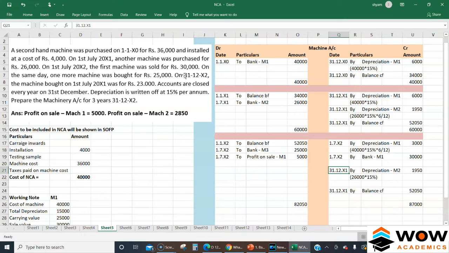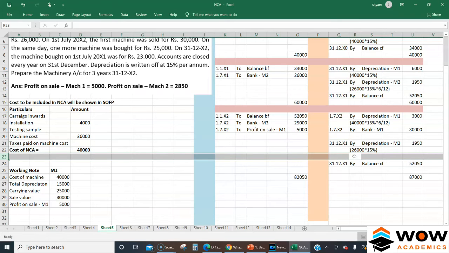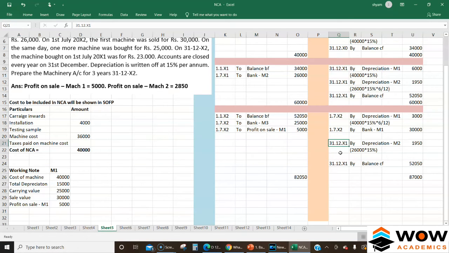But let's wait. There seems to be some other additional movement on 31st 12. The machine bought on 1st July 2001, that is M2, was sold for 23,000. So machine 2 is sold, but whether you sell or not, you have to provide depreciation, and it is used for the full year.